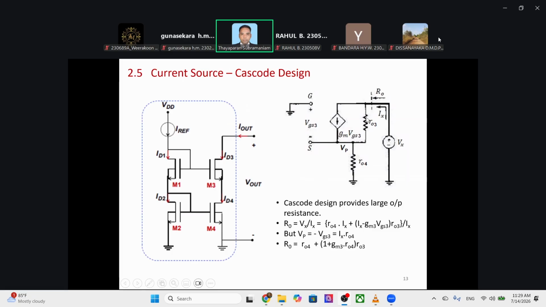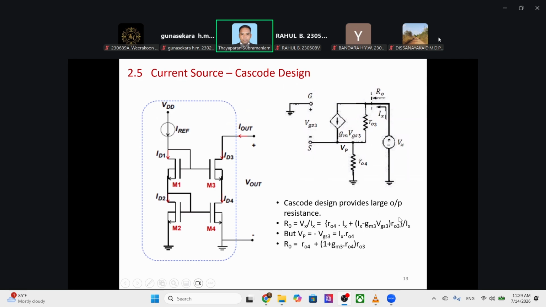The current through R out 3 is Ix minus this current, times R out 3. That is the potential across this, Vx. We are trying to find Vx.